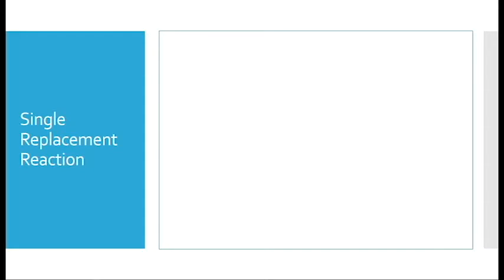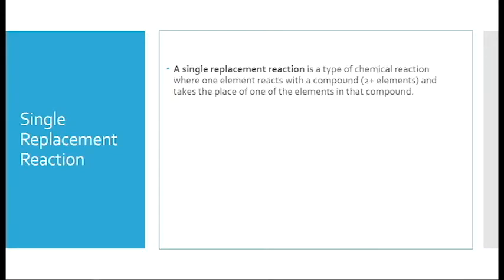Next, we have a single replacement reaction. A single replacement reaction is a type of chemical reaction where one element reacts with a compound and takes the place of one of the elements in that compound. It takes the formula A plus BC equals B plus AC, where A is an external element and BC is a compound.